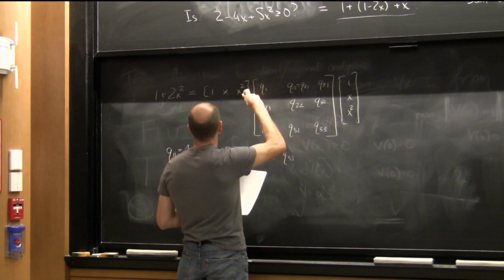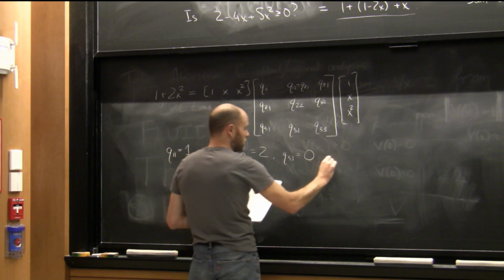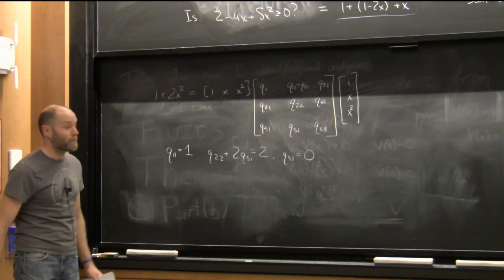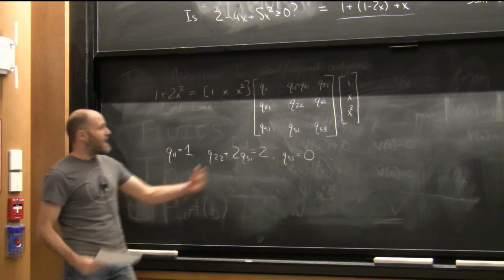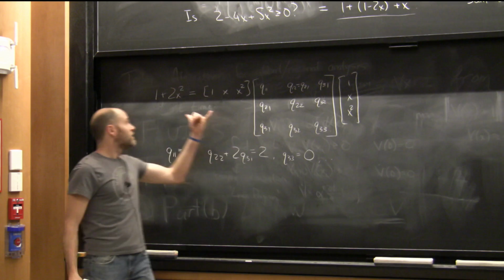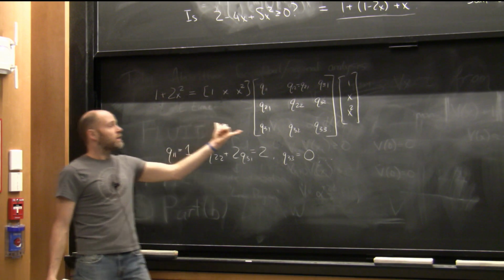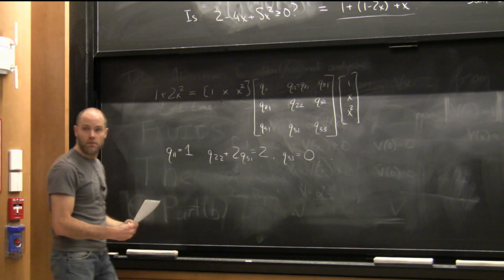Q33, that's going to give me an x to the 4th term, so that had better equal 0, right? So on and so forth. A lot of the other ones have to be 0. Here's the magic. Matching coefficients for this polynomial in this case and this matrix give me more linear constraints, right?